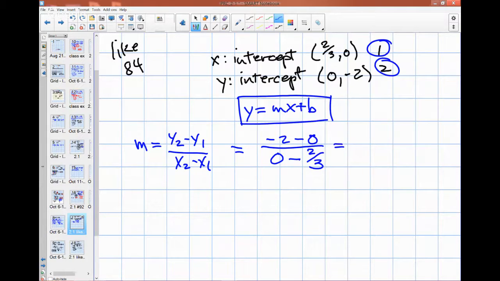Well, -2 minus 0 is -2. 0 minus 2/3 is -2/3. -2 divided by -2/3 is -2 times -3/2, right? You apply the reciprocal, a negative times a negative is a positive, the 2's cancel, and you get 3. So now we know m.